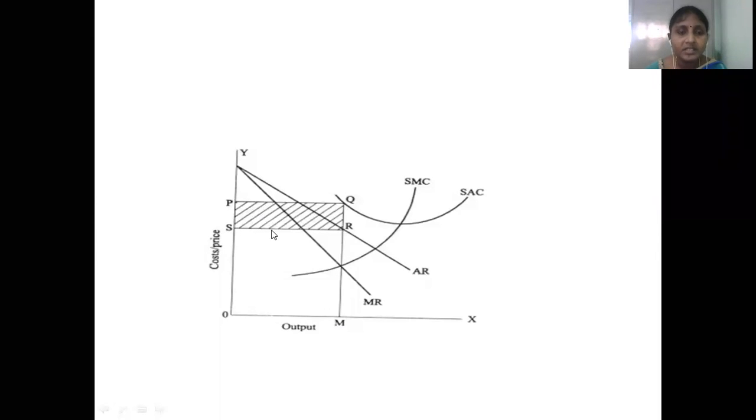So this is the profit. Suppose for making that product you are incurring 20 rupees, but for selling the product you get 30 rupees. So 30 minus 20 is nothing but 10 rupees. So we are getting 10 rupees of profit. That is the profit we are getting here.